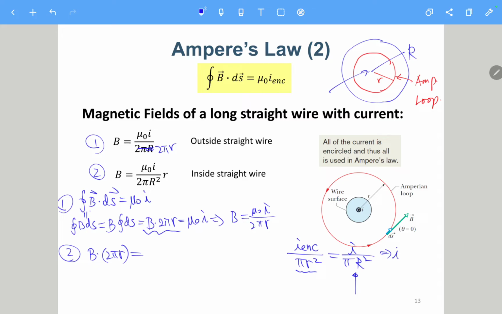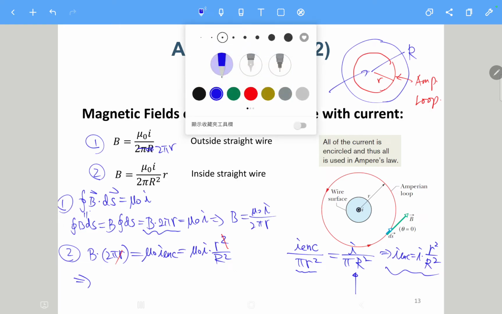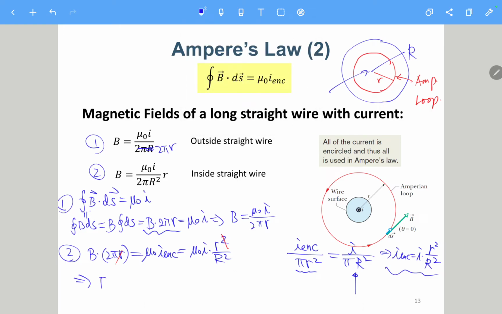So we have I enclosed should be I times small r squared over capital R squared. So we make use of this one. So here we have mu 0 I enclosed, which is mu 0 I times r squared over capital R squared. With some cancellation, we can cancel this R with this R. Finally we have B equals mu 0 I over 2 pi, and then here we have r over R squared.